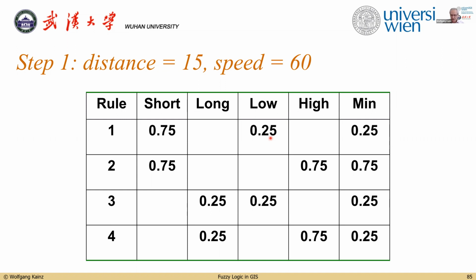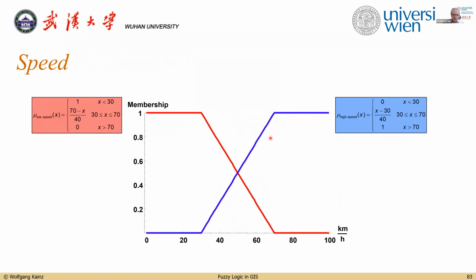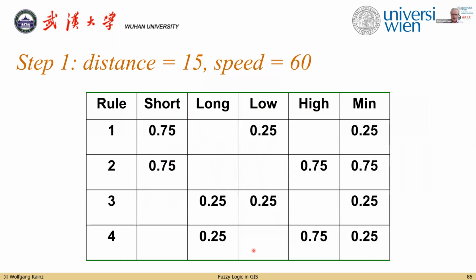So again, let's look with speed 60 and look at our low speed, 60. Low speed is the red line, so gives us a value of 0.25. So this would be for rule number 1, and the minimum of these two is of course 0.25.